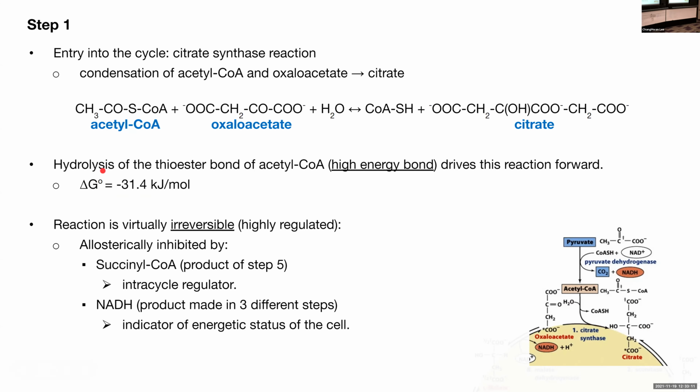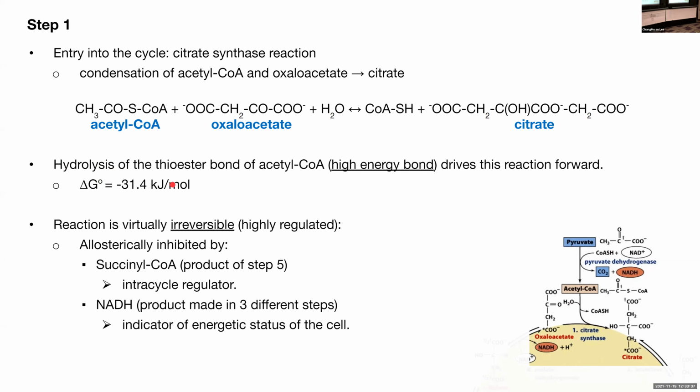That involves the hydrolysis of the thioester bond of acetyl-CoA, which is right here. Here's a sulfur, and here's the oxygen, so it forms the thioester bond. Since this is a high energy bond, it will release a lot of energy, with a delta G naught of negative 31.4 kilojoules per mole.